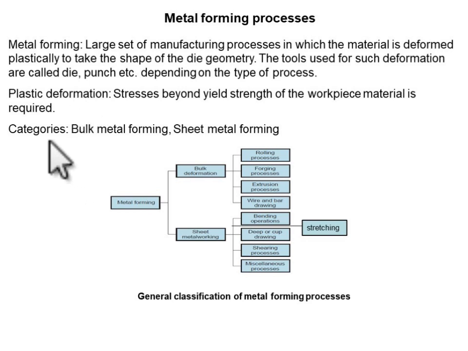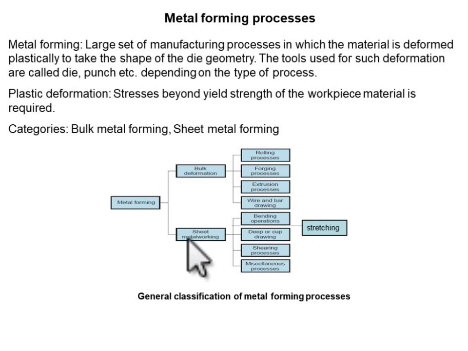Now the categories of metal forming process. We can categorize it into two types: bulk metal forming and sheet metal forming. The first one is bulk metal forming, in which the bulk material is deformed using a certain arrangement, and it can be further categorized into four categories: rolling process, forging process, extrusion process, and wire and bar drawing process.